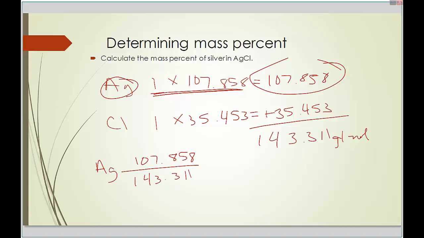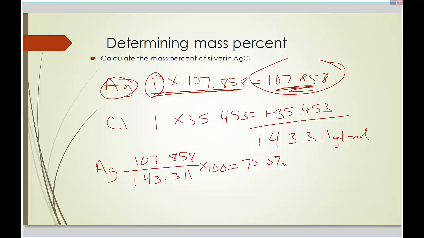That comes out to be 75.3%. Now, if by chance this was a different number here besides 1, if it was like a 2 or a 3, you would still take what it equaled to. Don't take just the elemental mass. Take the entire thing that's contributing to the compound.